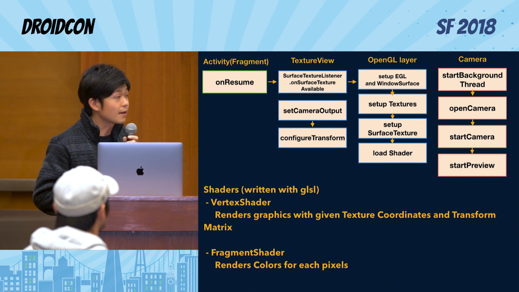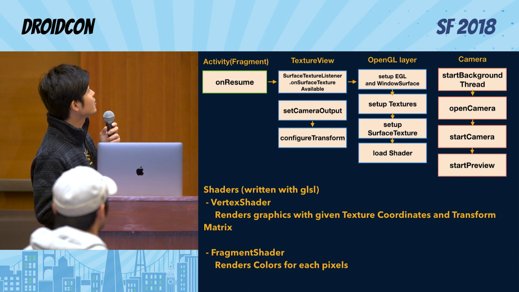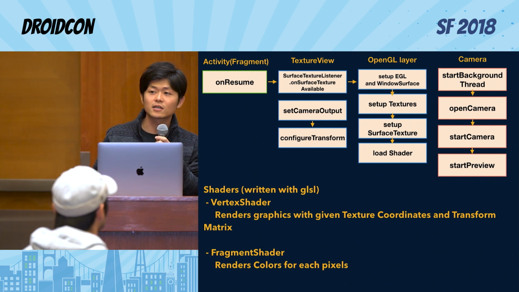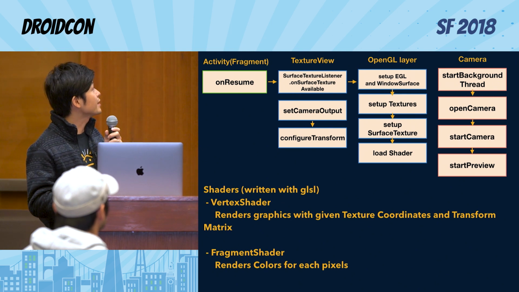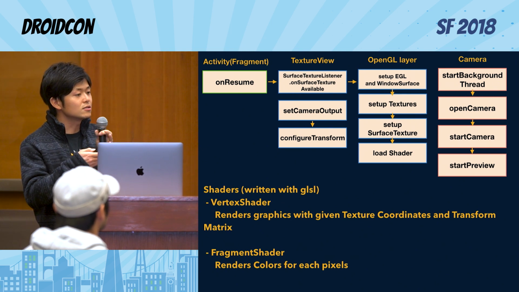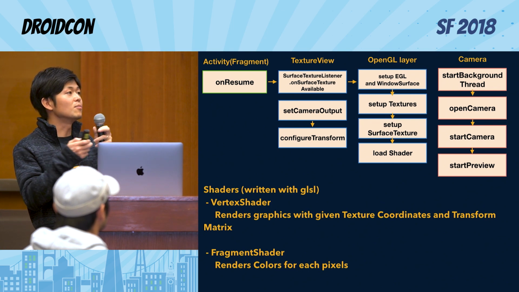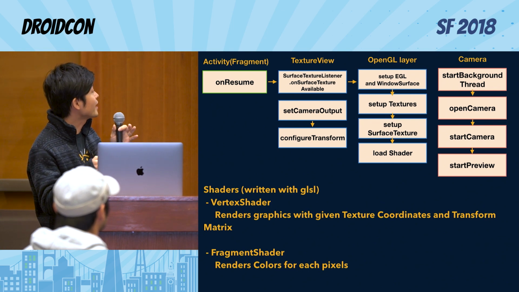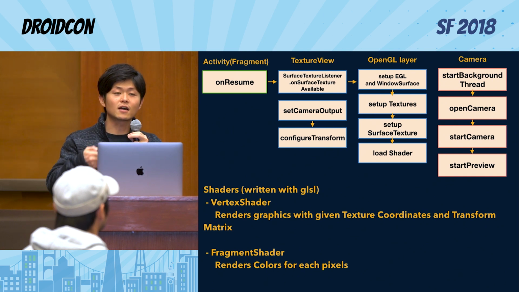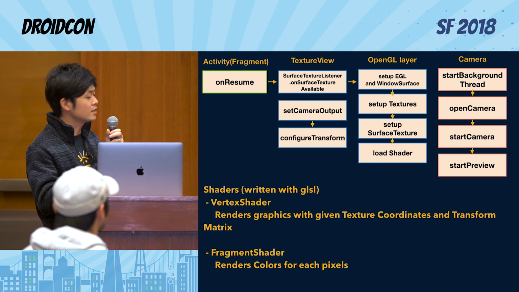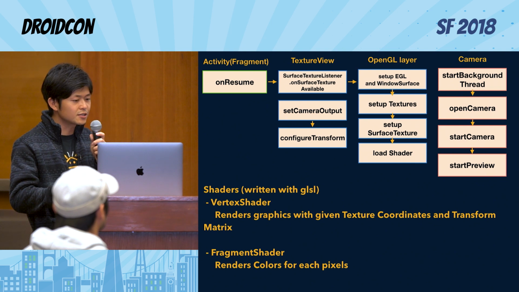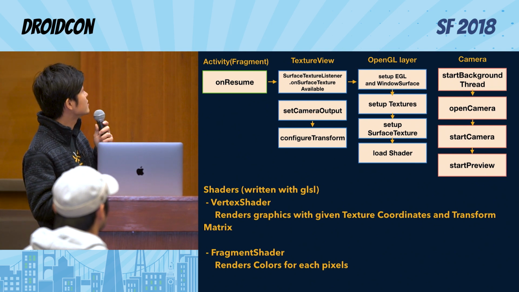And the third step is loading the shader. Because OpenGL requires a way to show the image in the OpenGL world, we need to calculate the color to see it on the screen. There are two shaders that we need to introduce.